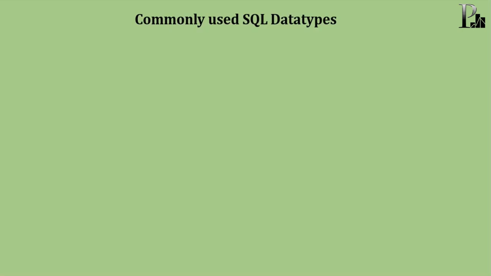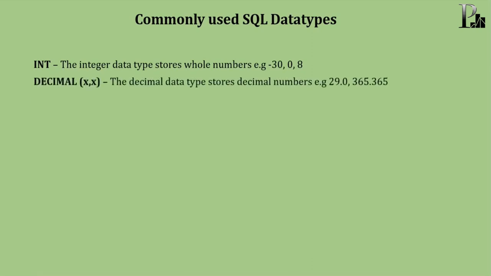So let us look at some of the commonly used ones. The int data type, int stands for integer. The integer data type stores whole numbers. Whole numbers do not include decimal places, since SQL Server uses a number of computer words to represent an integer. Another data type is the decimal data type. The decimal data type stores decimal numbers, for example, maybe 29.0 or 365.365.